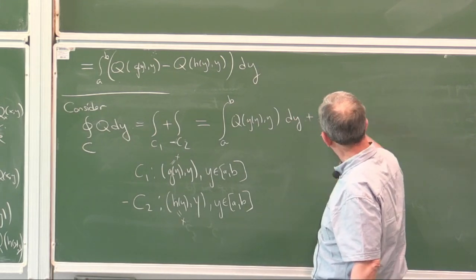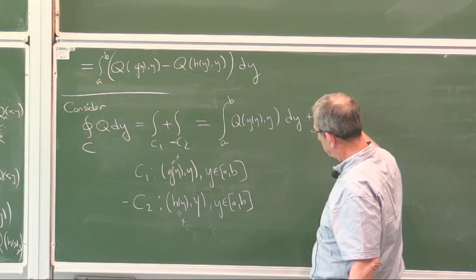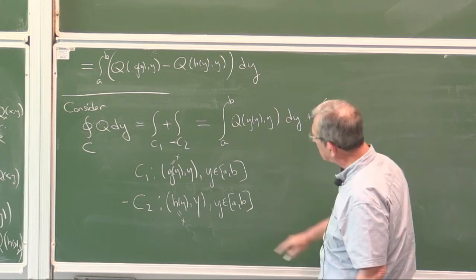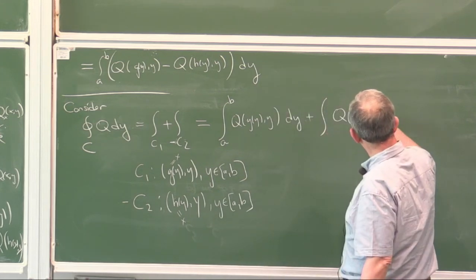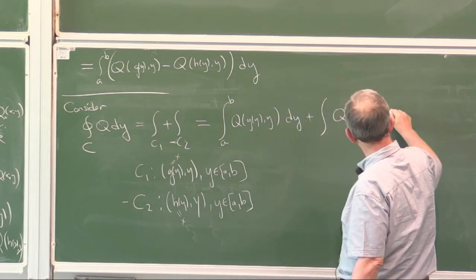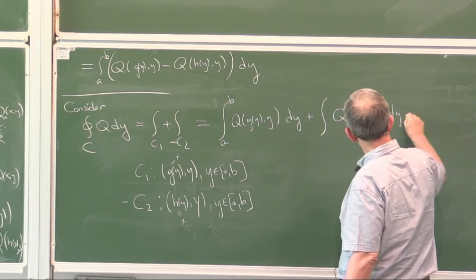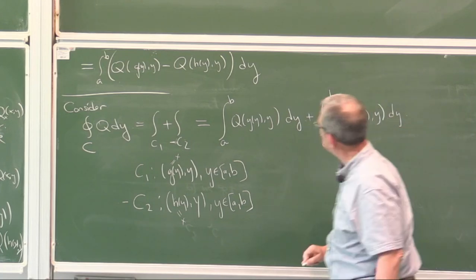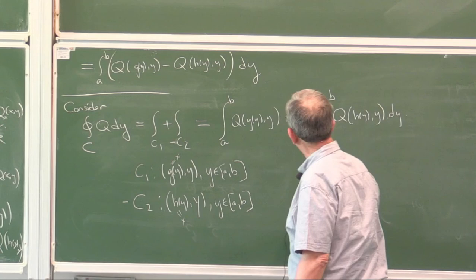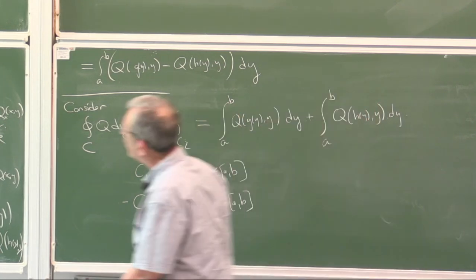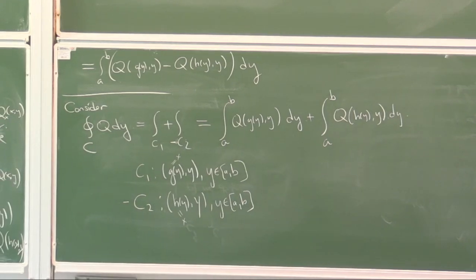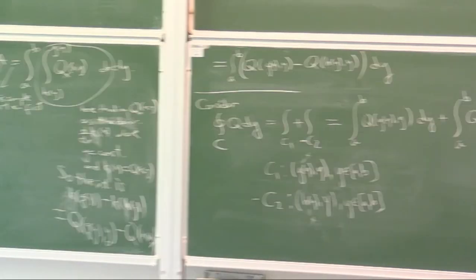I have some problem here, I will correct that in a minute. This is h of y, dy from A to B. I should have a minus sign here.